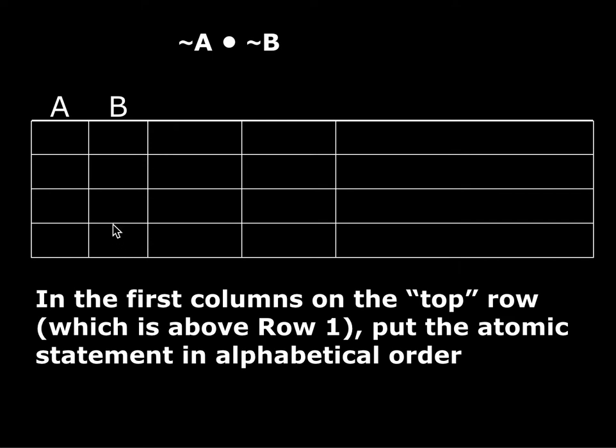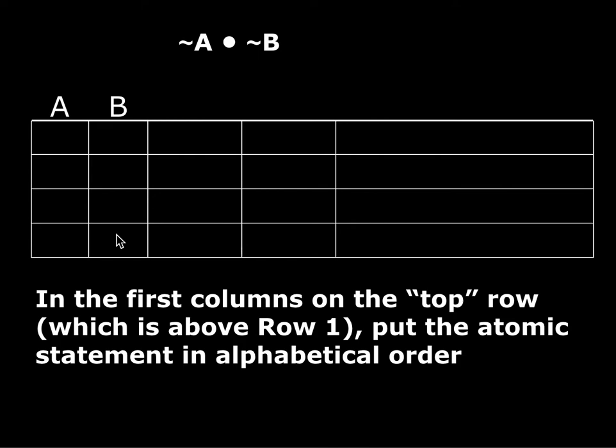We want to fill out these truth columns under the atomic statements with all of the possible combinations of inputs. There are 4 possible combinations: both true; first true, second false; first false, second true; or both false. We only have 2 truth values, so those are all the combinations.